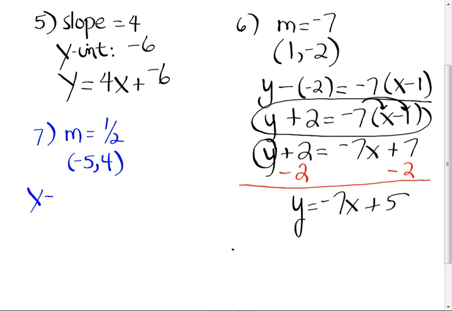Y minus what? What's the y value? No. That's x. It's 4. That's right. Equals what? David, what's next? 1/2, and then it's x minus that one, -5.